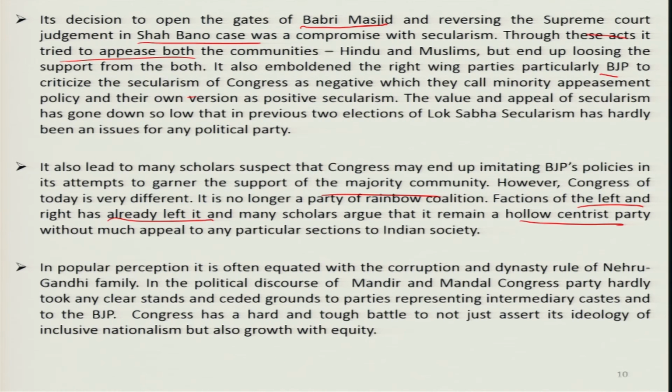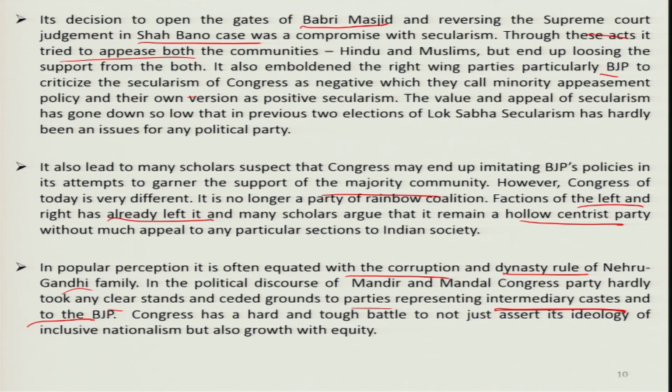So, in popular perception, the Congress party is often equated with corruption and dynastic rule of the Nehru Gandhi family. In the political discourse of Mandir and Mandal, the Congress party hardly took any clear stand and ceded further ground to the parties representing intermediary castes, various regional parties in North India and also in the South, and also to the BJP.